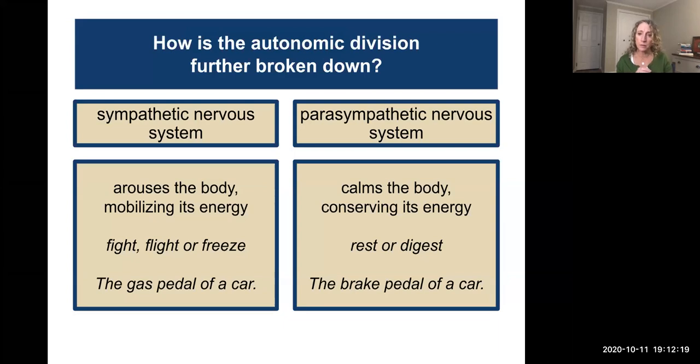The parasympathetic, I like to think of a parachute calming you down, because I think of a parachute calmly coming down the sky. And that is the calming nervous system. It's conserving energy. It's calming the body. It's rest or digest, okay?